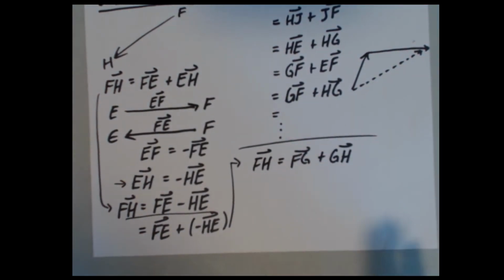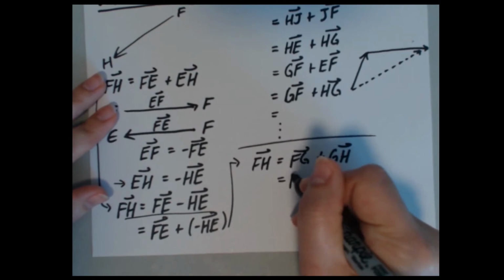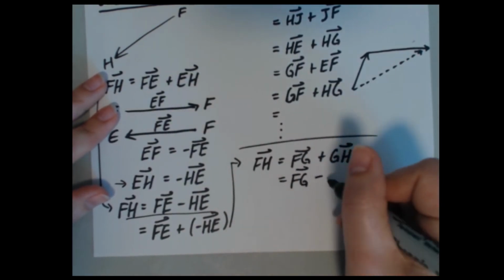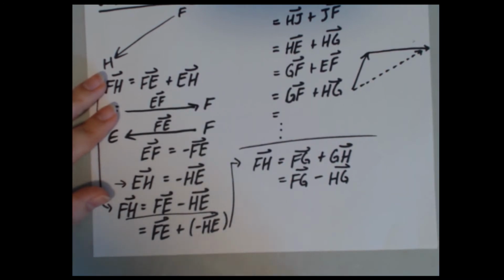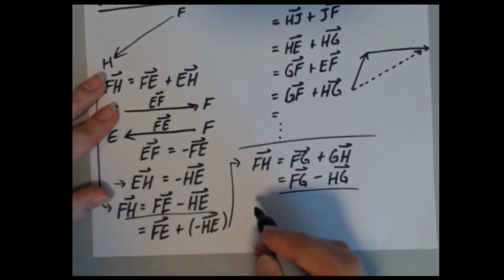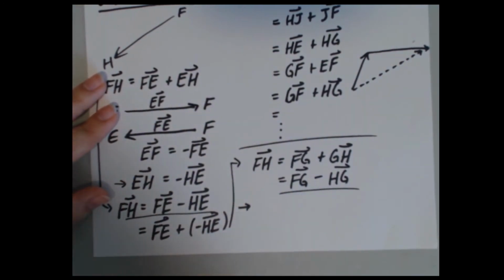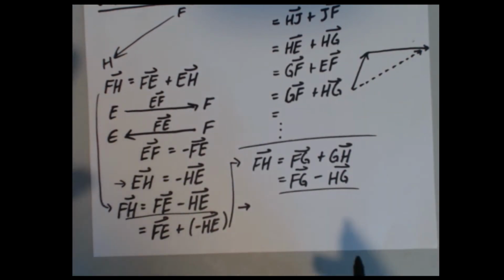Okay, so I'm adding them. This is the same thing as having FG minus HG. Okay, same thing, so that's another possibility. Of course, just like the addition, there are so many examples, but we're not going to go through all of them. The point is just for you to see that there are many different kinds.